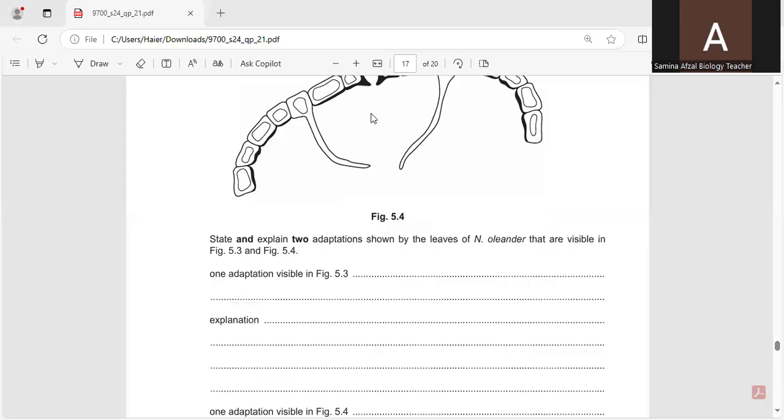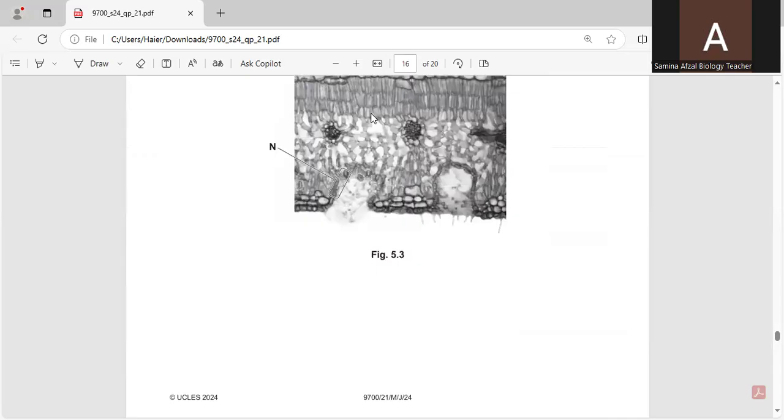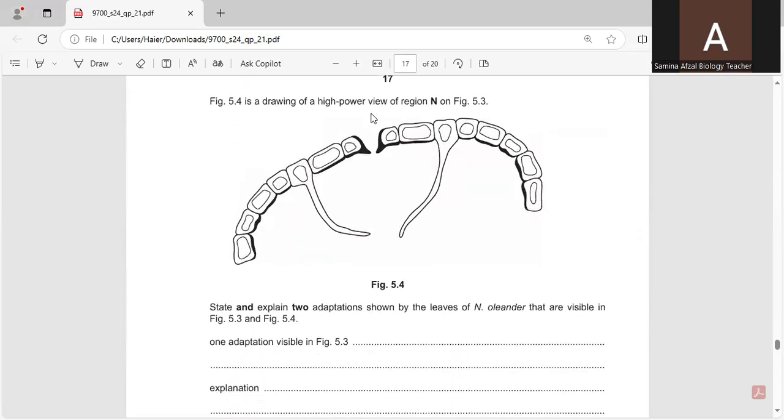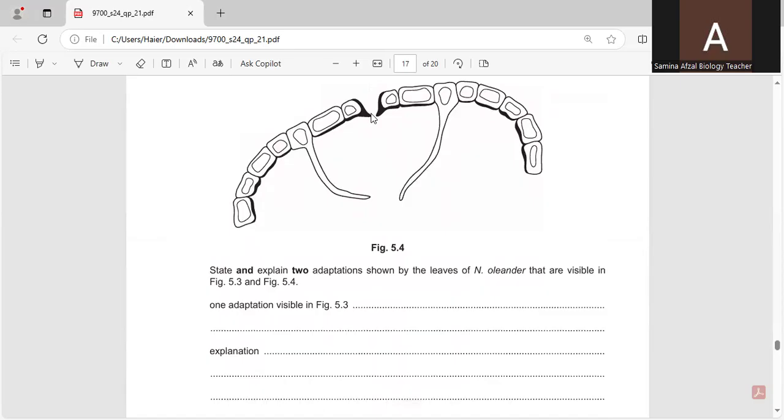State and explain two adaptations shown by the leaves of an oleander that are visible in figure 5.3 and 5.4. So this is figure 5.3, and this is figure 5.4. So we have to write two adaptations.